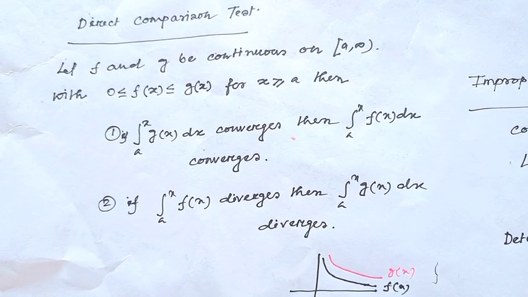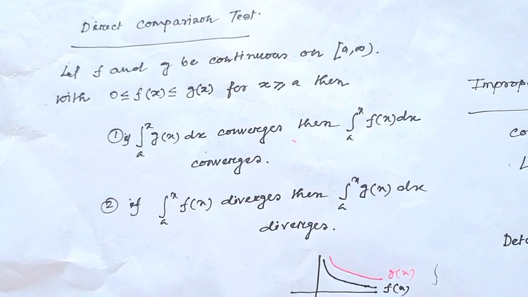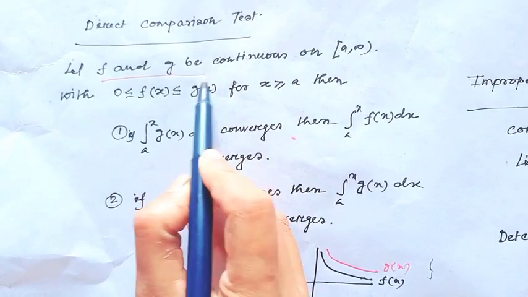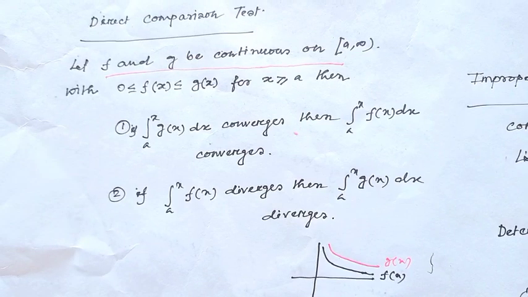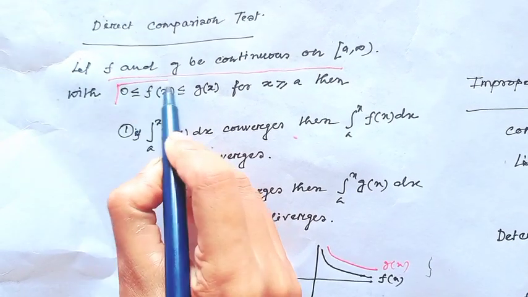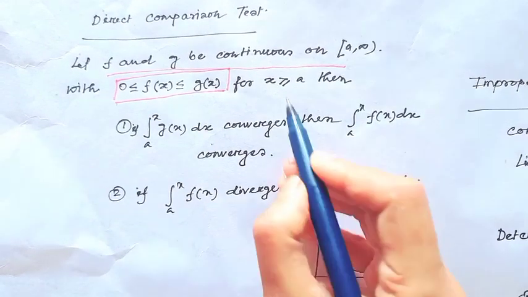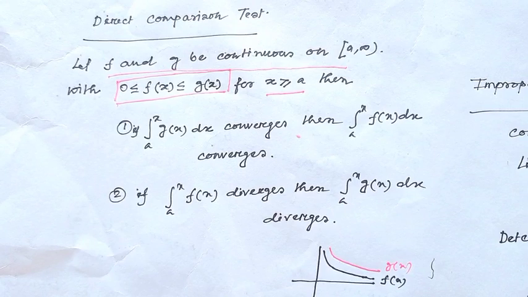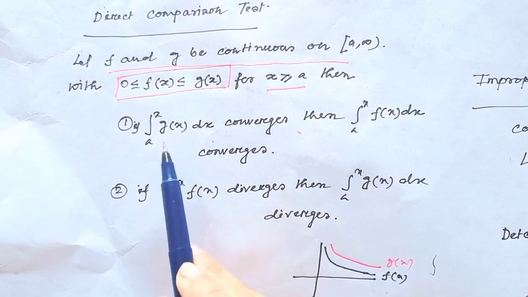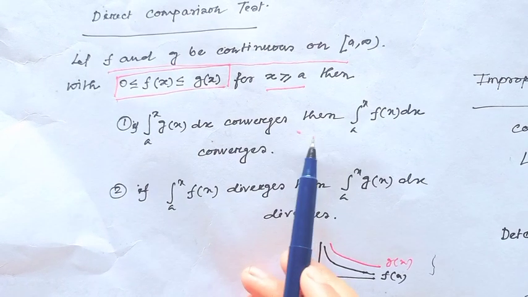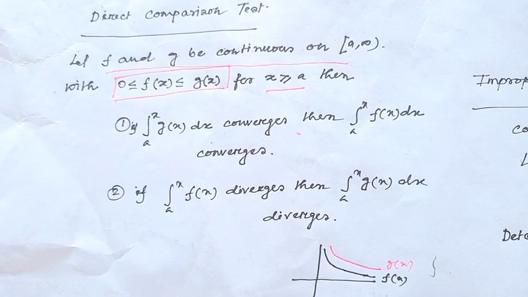In the previous video I have seen the direct comparison test in improper integral. As per review, the comparison test is: let f and g be two continuous functions on the interval closed a, open infinity, with the condition 0 less than or equal to f(x) less than or equal to g(x), true for all x greater than or equal to a. Then statement 1: if integration a to infinity g(x) dx converges, then integration a to infinity f(x) dx converges.